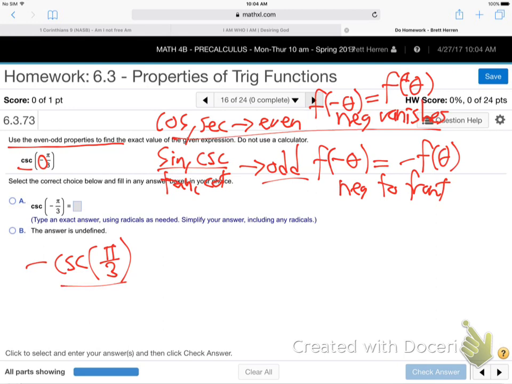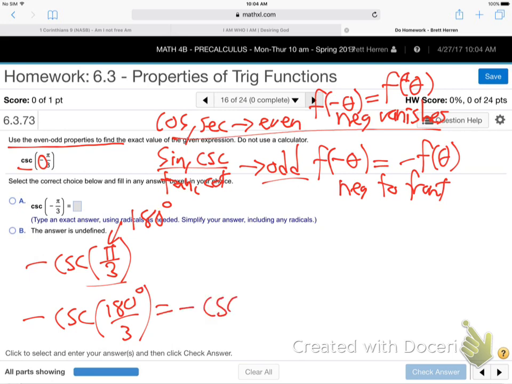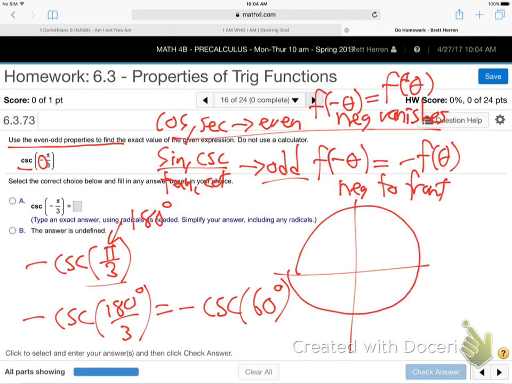How do we do cosecant of pi over 3? What's pi? 180 degrees. So negative cosecant of 180 degrees over 3, which is negative cosecant of 60. So go to the unit circle. Put a 60-degree angle.